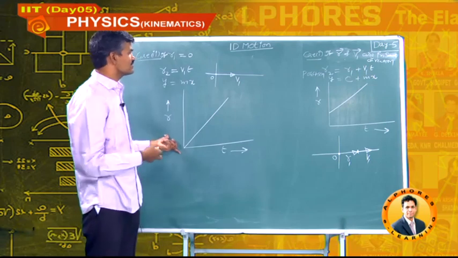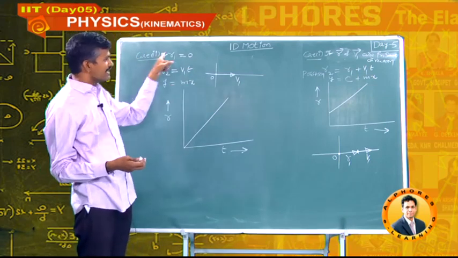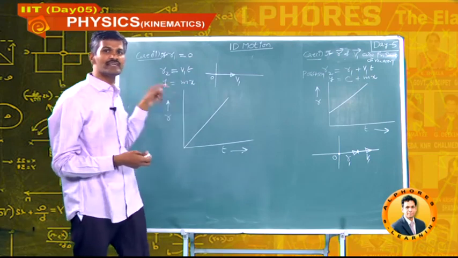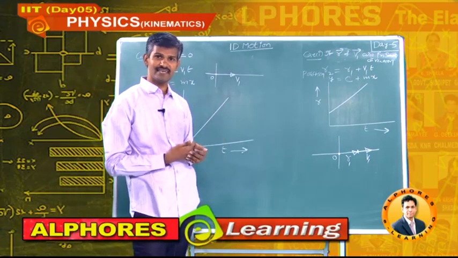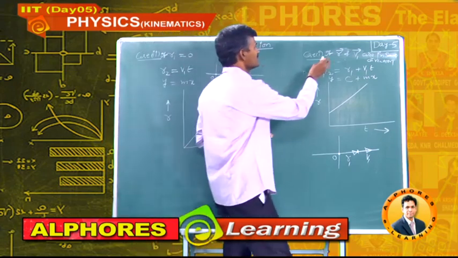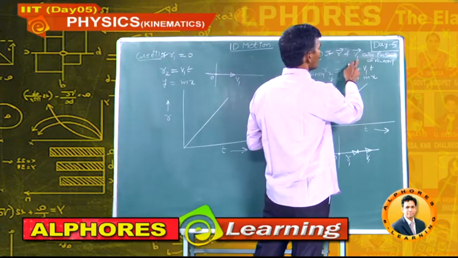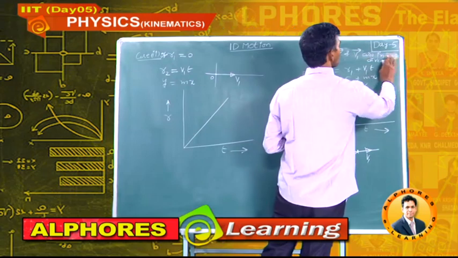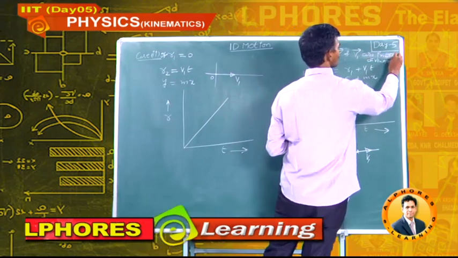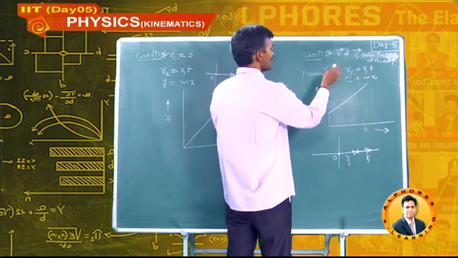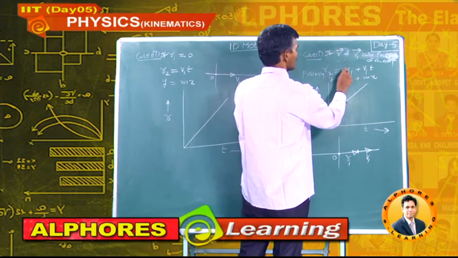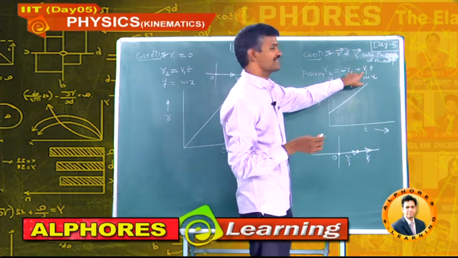Similarly, if the particle lies on the negative side of the x axis, in such cases R1 bar and V1 bar are in opposite directions. Then R1 bar is taken as negative and V1 bar is taken as positive.